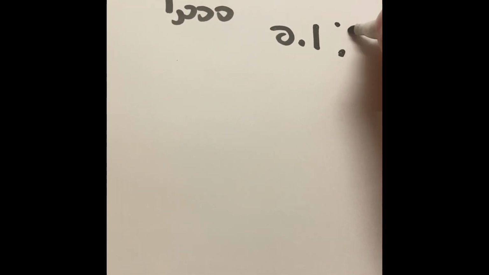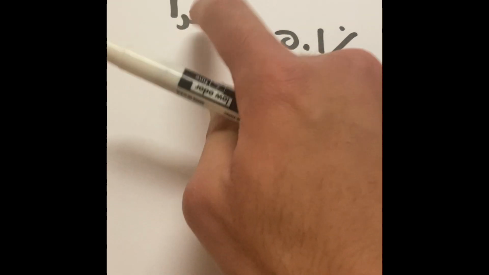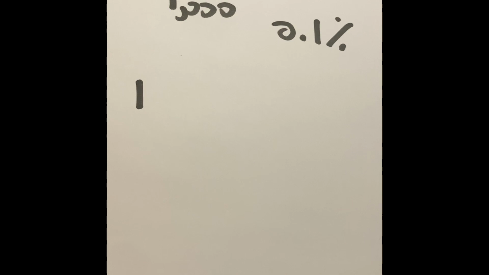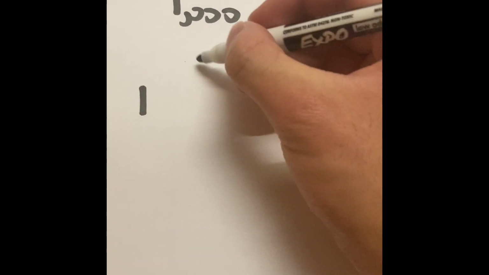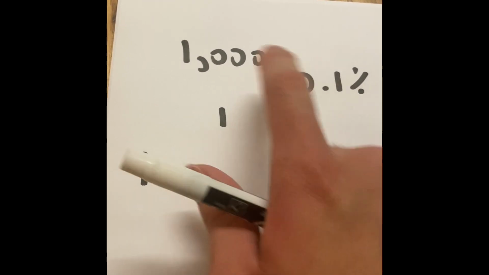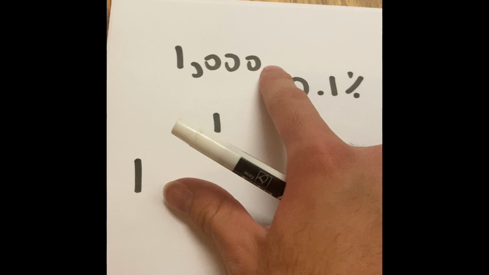If that has an interest, it's a good idea. So if that interest was 0.1%, and I insert this in here, after 1 year I'm going to earn $1, because that $1 is 0.1% of 1,000.